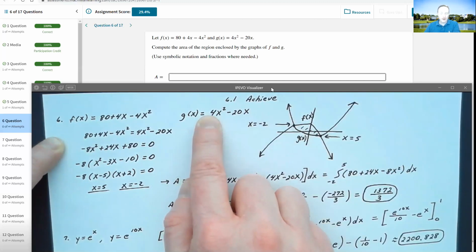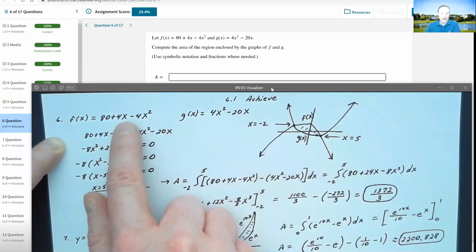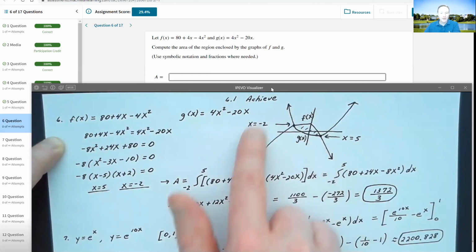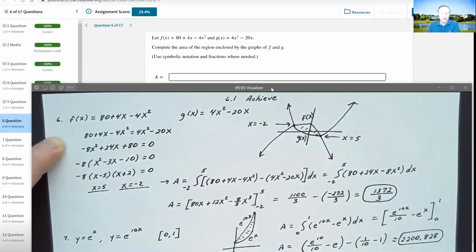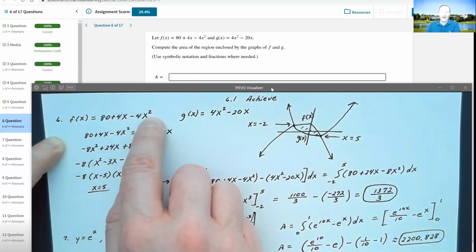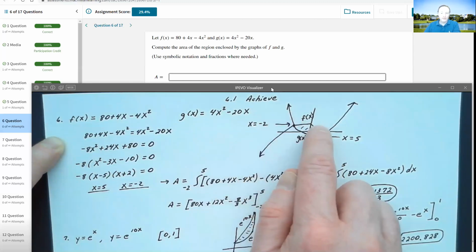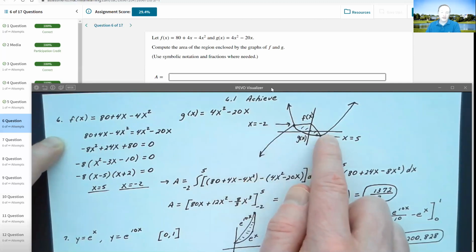Please remember, every positive quadratic function in existence looks like a u. Every single negative quadratic in existence looks like an n. So at any time these are going to have an enclosed region of intersection, the negative parabola has to be the top function. It has to be. So I can say, okay, f of x is on top of g of x from -2 to 5. Let's find the area between there.